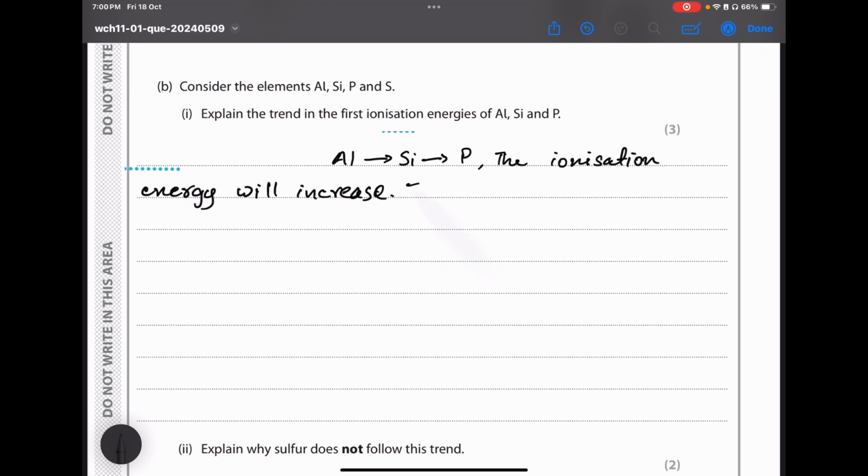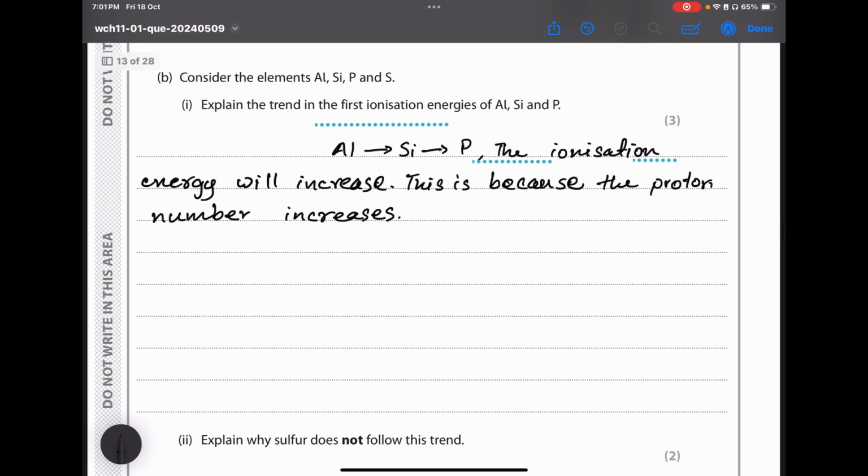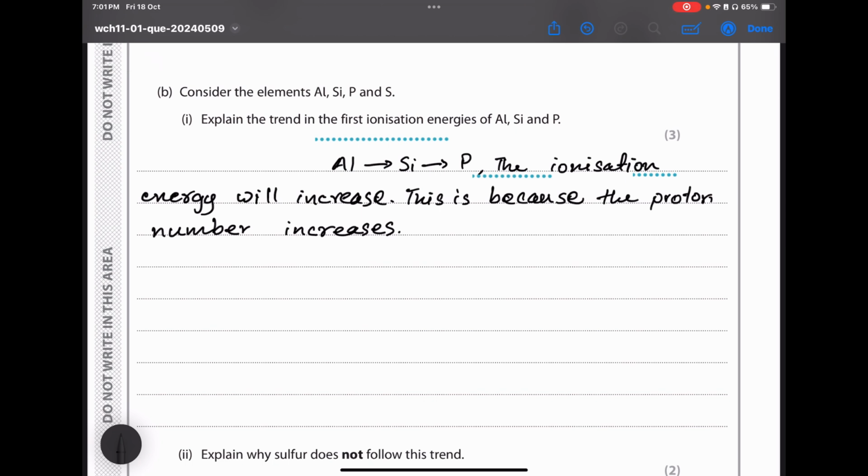And why is that? This is because the proton number, or you can say nuclear charge, increases. Since the proton number is increasing, it will attract the electron more effectively, and as a result, a greater amount of energy is going to be required, right?